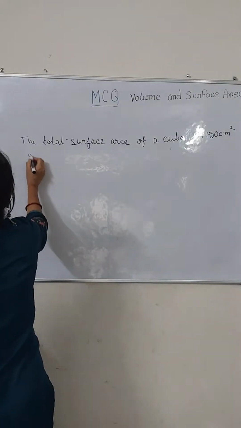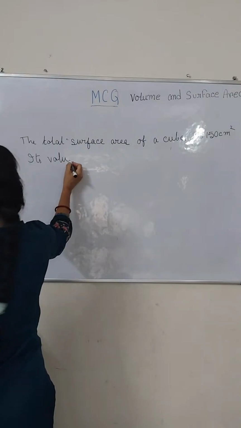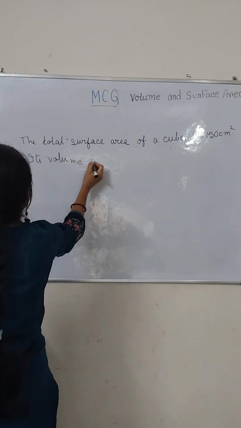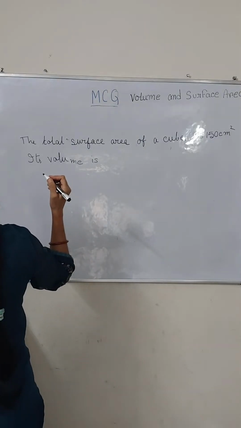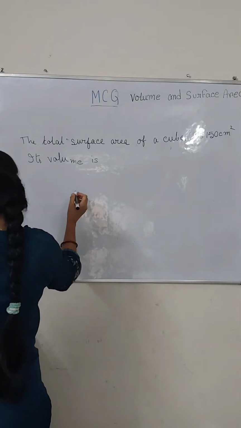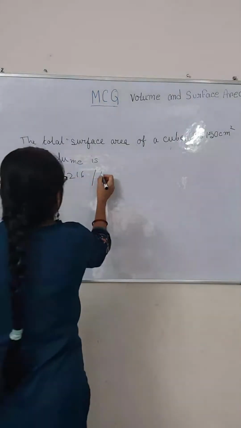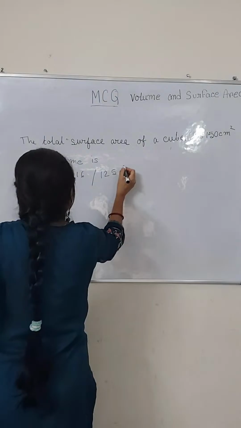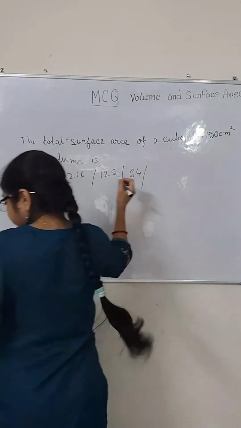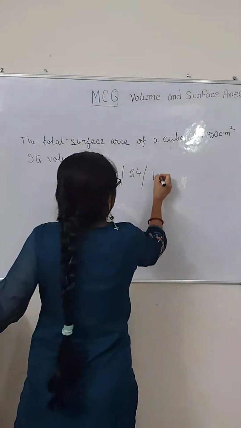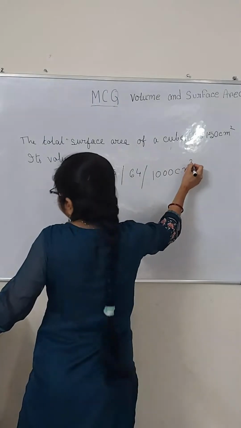Its volume is, options: 216, 125, 64, 1000 centimeter cube.